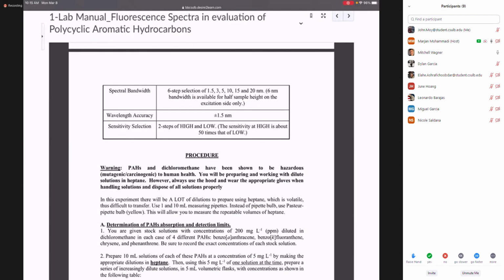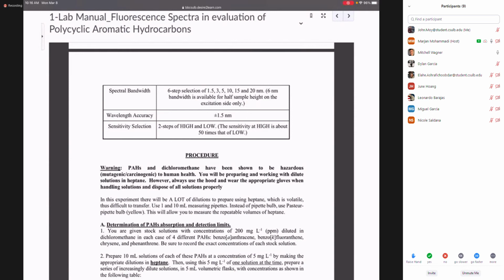For anthracene, it's 288. For the other one, 305. So each one has a different lambda max.